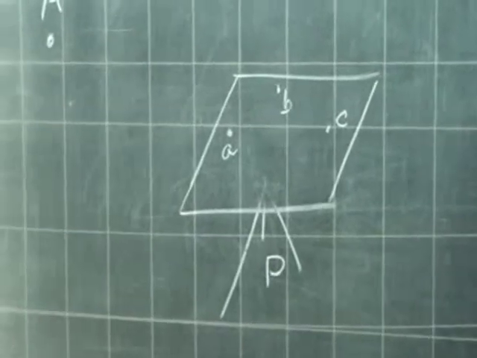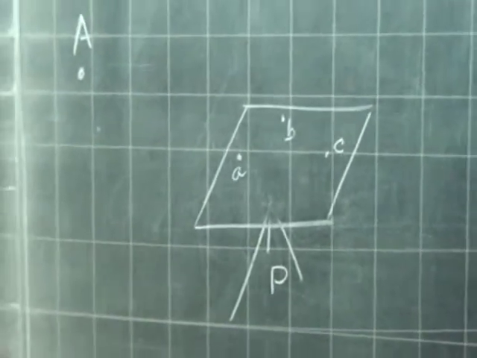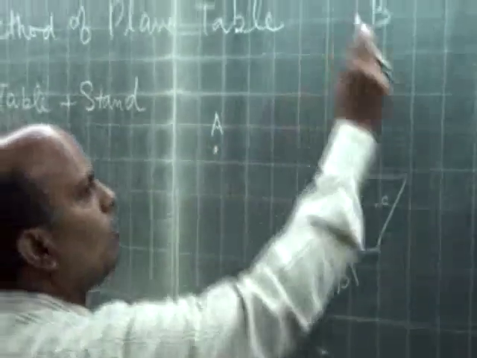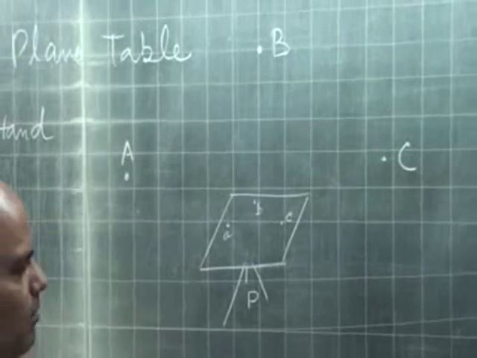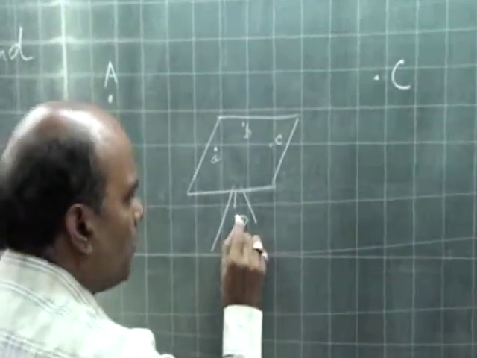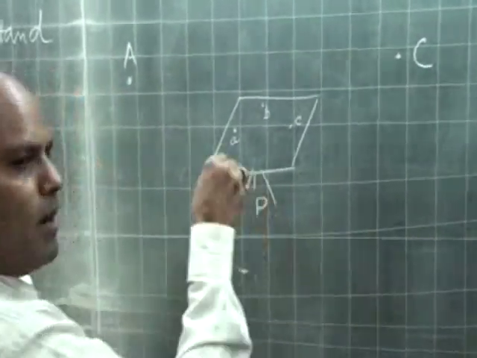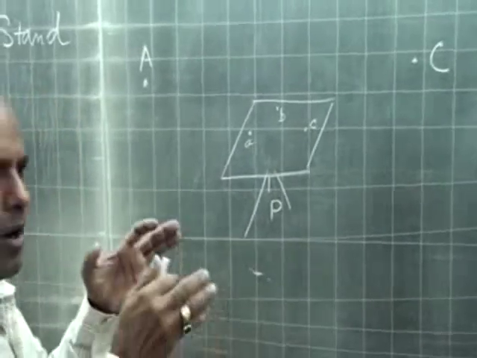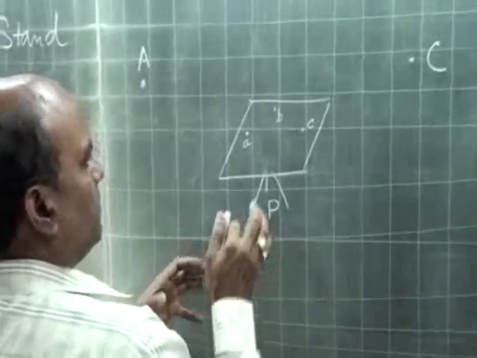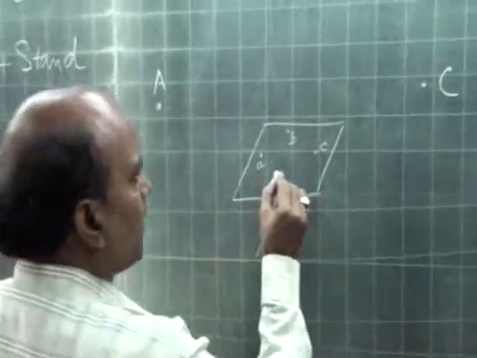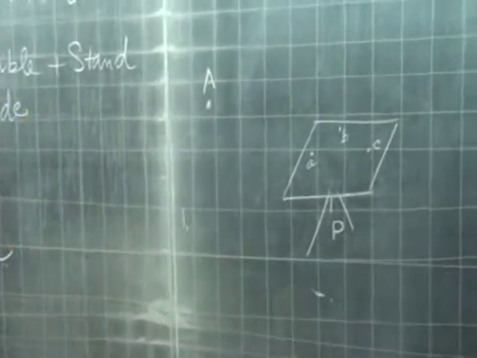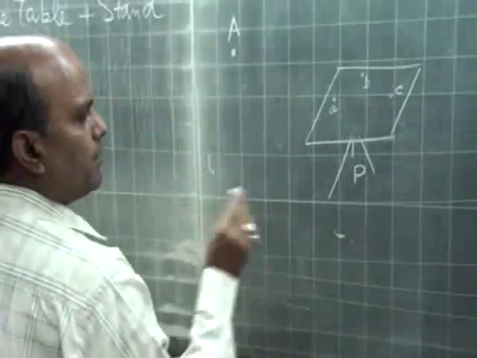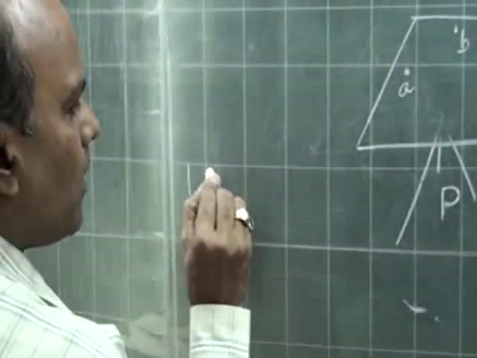So in this method, which is opposite to the intersection method, with the help of 3 known points and 3 plotted positions on the plane table, we have to find out the position of the plane table occupied station. So what we do is the same steps as in other methods. Number 1 step is the leveling.